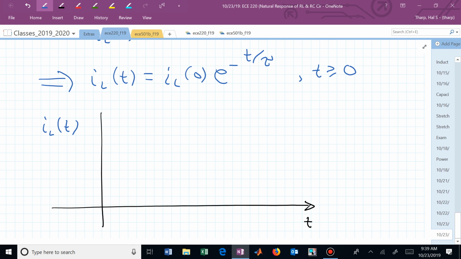What is I sub L of t when t is equal to 0? We replace t with 0, e to the 0 is 1, and we get what we said we were supposed to get, which is the initial value of our current, I sub L of 0. Let's now just say that that's right here. This is now I sub L of 0, and now we have this exponential shape.